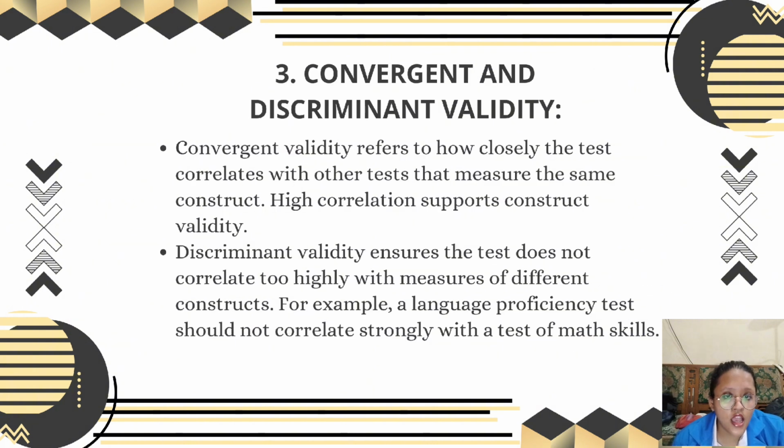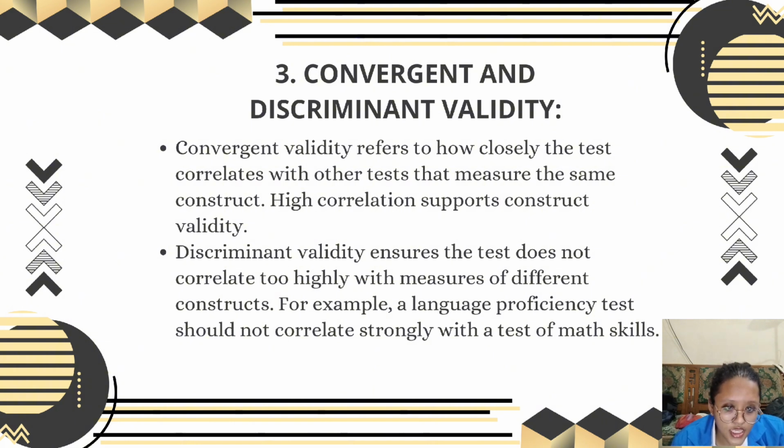The third, convergent and discriminant validity. Convergent validity refers to how closely the test correlates with other tests that measure the same construct. High correlations support construct validity.